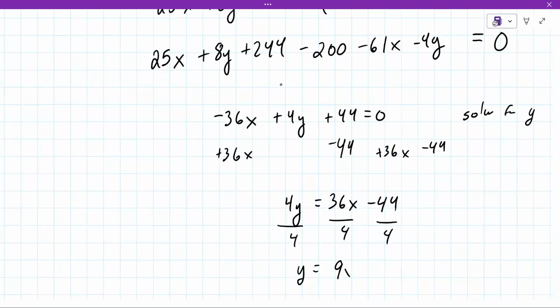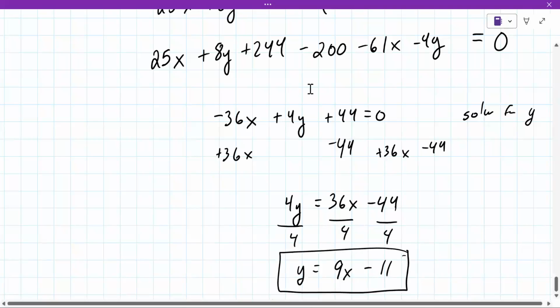And look at that, it works out pretty nicely. It worked out really nicely. So that's your final answer. That's what they're looking for there.